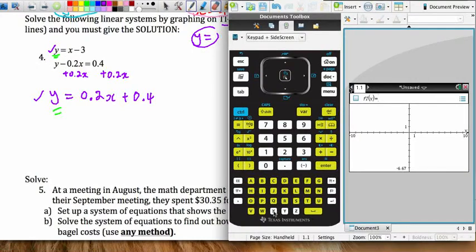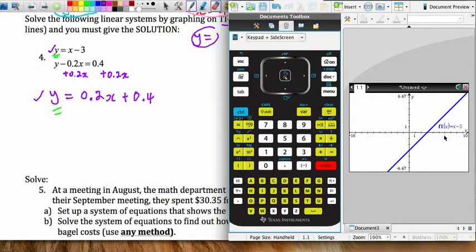And so I'll type in my first equation, x subtract 3, and if I hit enter, you can see it produces a graph for x minus 3, and then if I want to graph the second equation, I just push the tab button, and now I can enter my second equation, which is going to be 0.2x plus 0.4, hit enter, and there are my two graphs.